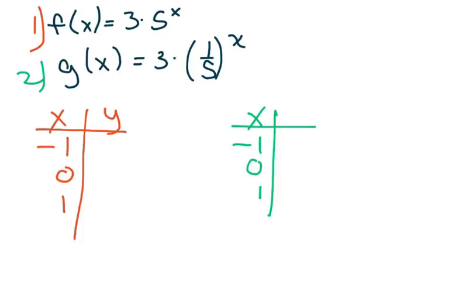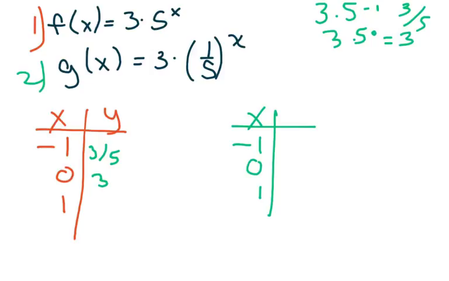So for this, -1 would be 3 times 5 to the -1, which is 3 over 5. 0 would be 3 times 5 to the 0. 5 to the 0 is 1, so that's just 3. And 1 is going to go to 15.